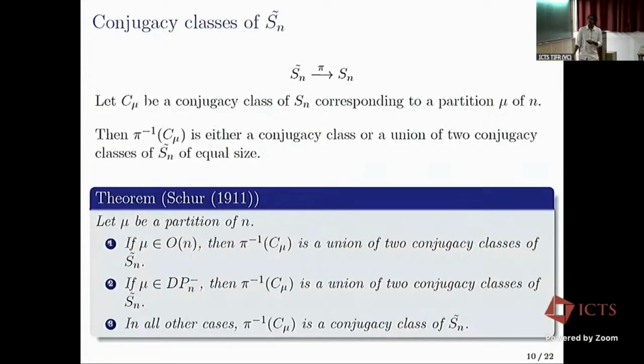Again, Schur already proved that when mu belongs to On, when it has odd parts, the inverse image of the conjugacy class C mu is going to be a union of two conjugacy classes. And for the partitions in DPn minus, the inverse image of the conjugacy class is also going to be a union of two. In all other cases, it remains a single conjugacy class.